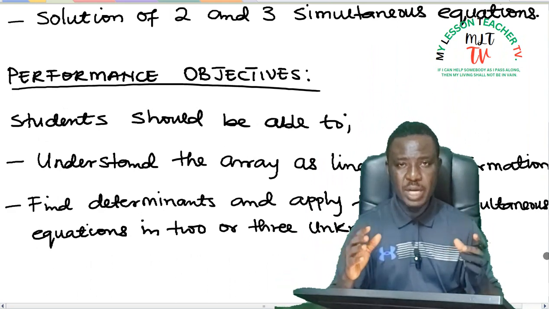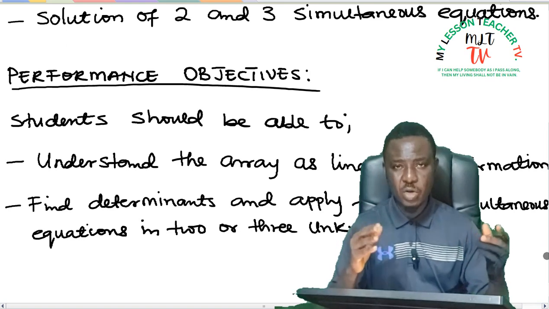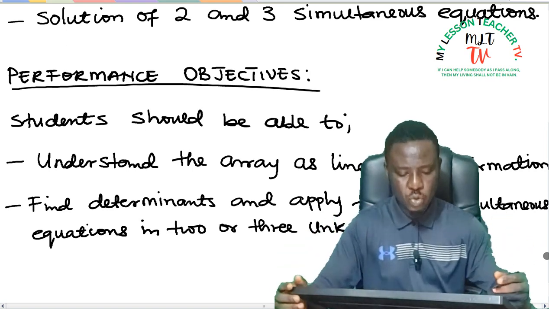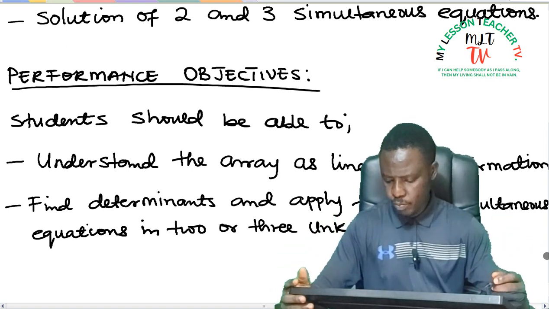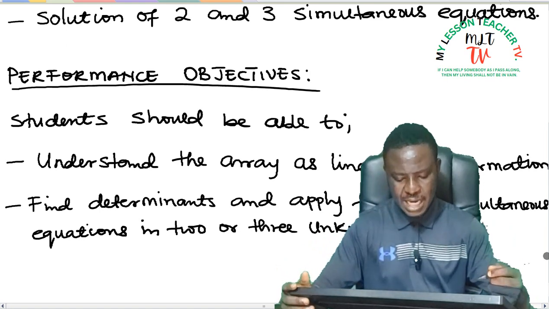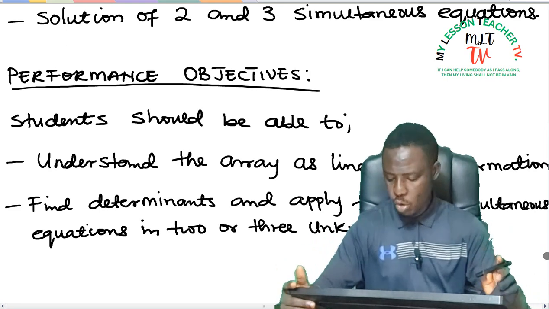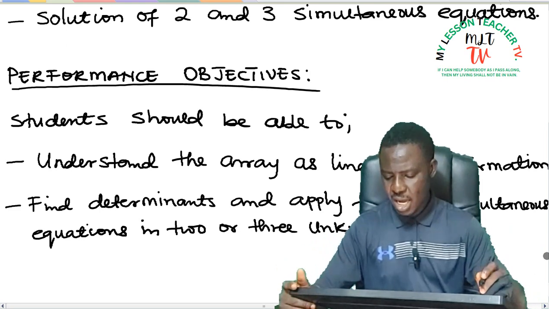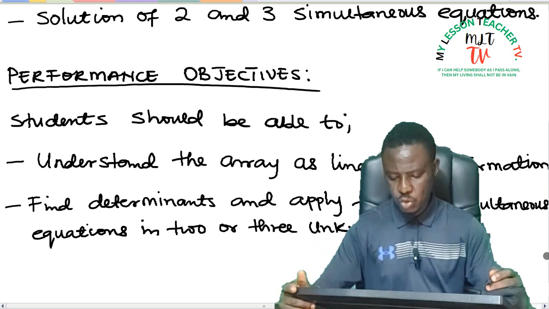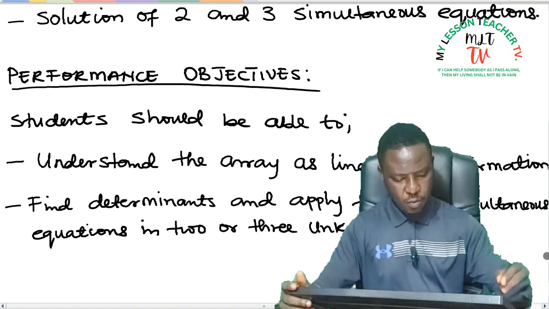By array, we are talking about the arrangement of numbers in rows and columns, which has to do with matrices. 2, we should also find determinants and apply them to solve simultaneous equations in 2 or 3 unknowns. In today's class, we shall look at the first objective, which is to understand the array as linear transformation.